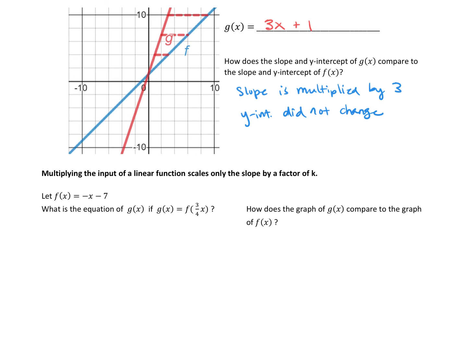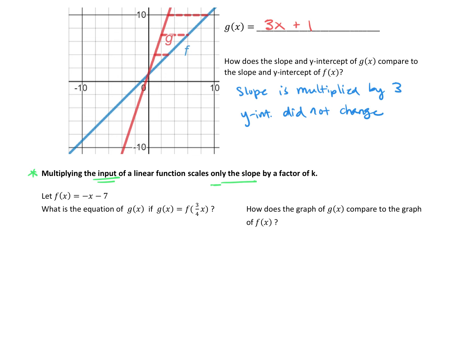So here is our summary of that. Multiplying the input, which is multiplying just the x, not the entire function, of a linear function scales only the slope by a factor of k. The y-intercept will not change.